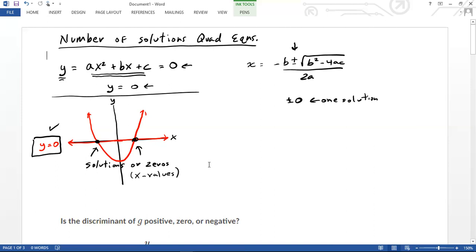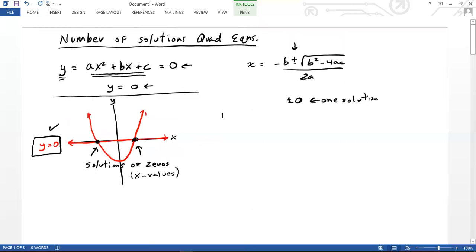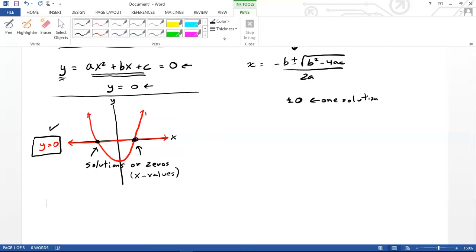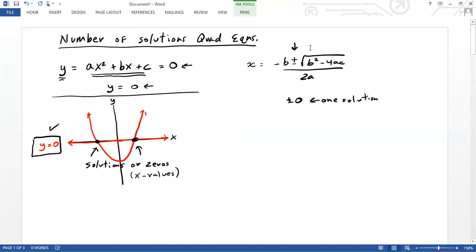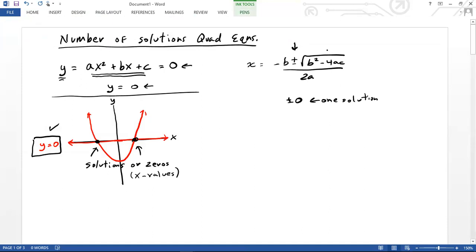So it's not always going to be two solutions as I pictured here. So I'm going to go over each one. But the bottom line is, the part of the quadratic formula that's under the square root is going to determine how many solutions there are.